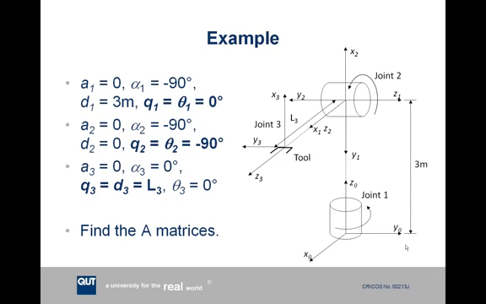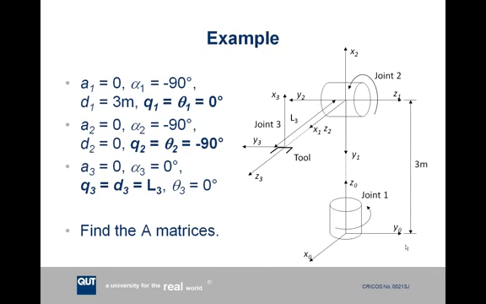Alpha is the angle from z0 to z1 measured around the x1 axis. So if we look at the x1 axis and look at how much the z-axis has rotated, we can see it's rotated negative 90 degrees around the x1 axis. So alpha 1 equals negative 90 degrees.